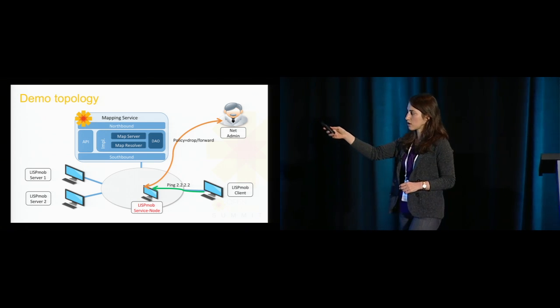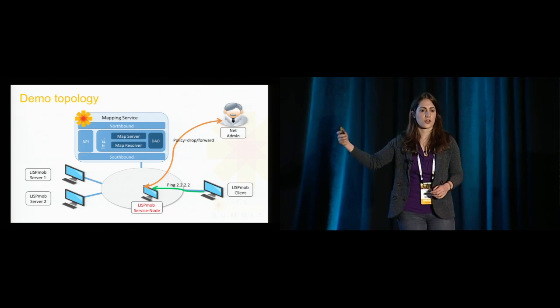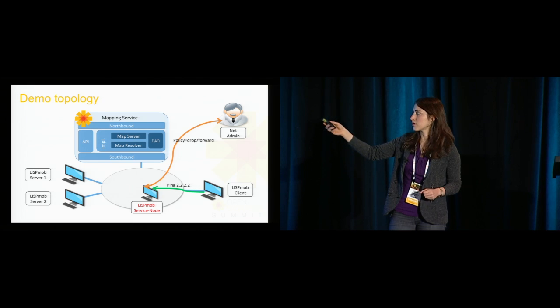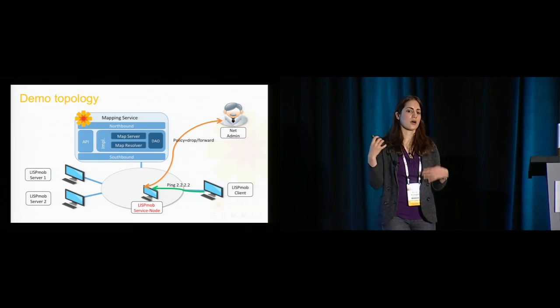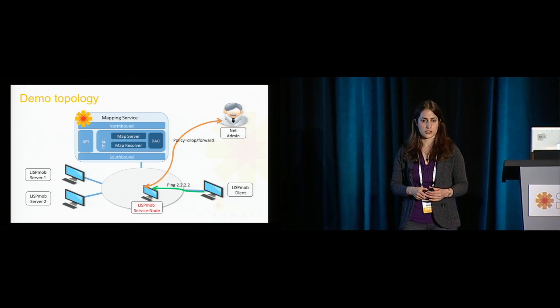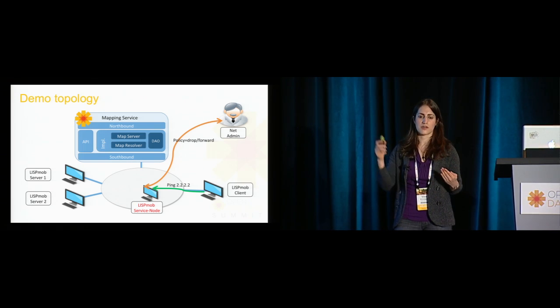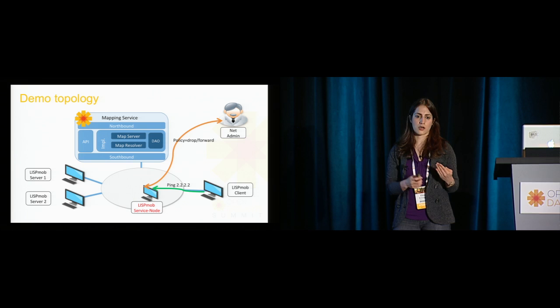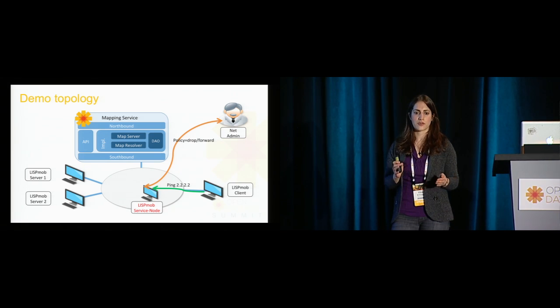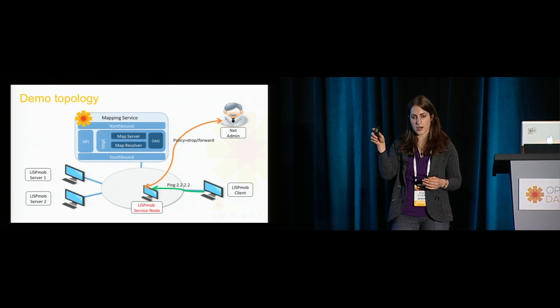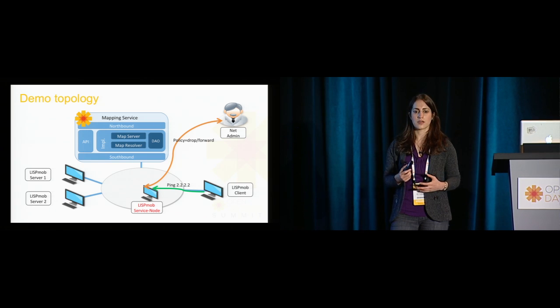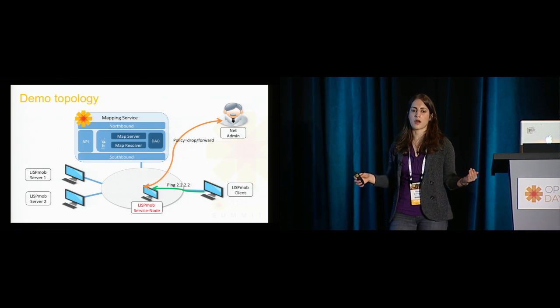There is a service where all of the LISP nodes periodically register, so there's a keep alive kind of thing going on. If the mapping system doesn't hear for a certain period of time from one of them, then it will mark that as down, and the LISP mob will automatically use the other one if it's available.